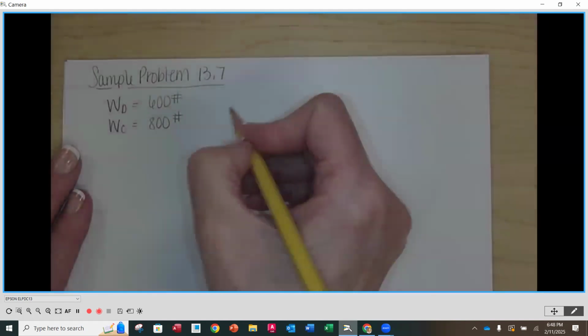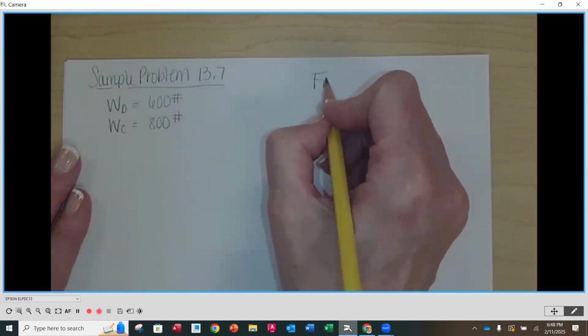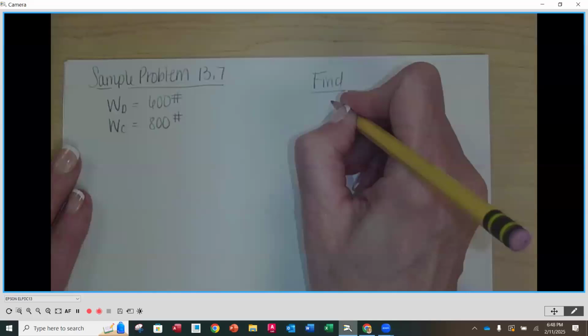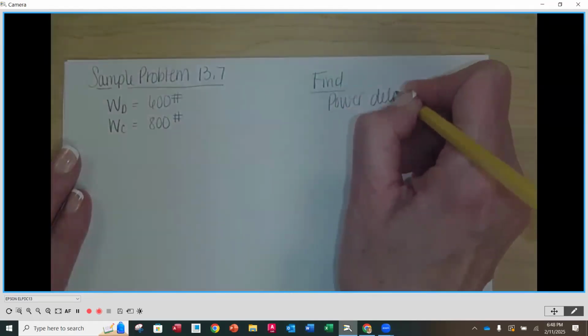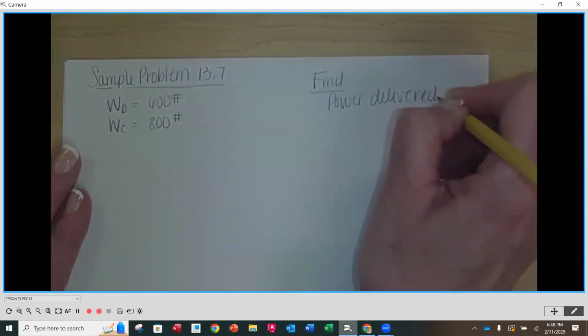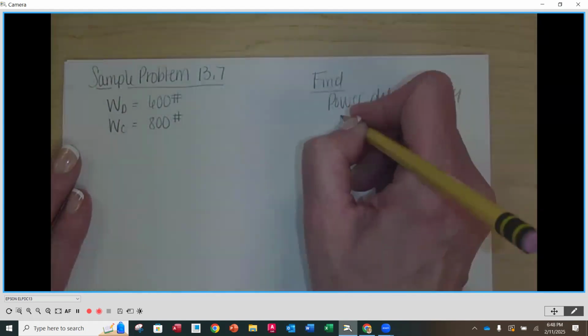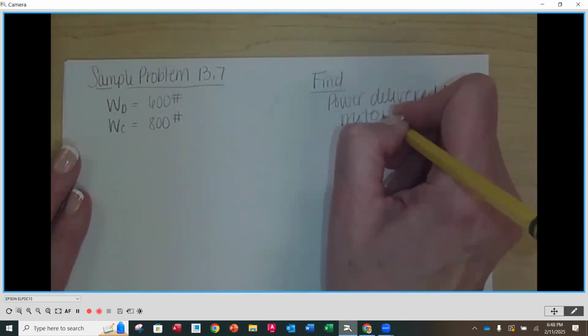So we are going to try to find the power delivered by the motor under two conditions.